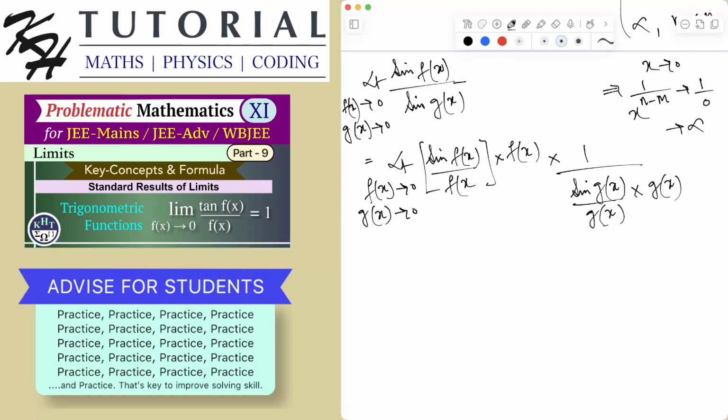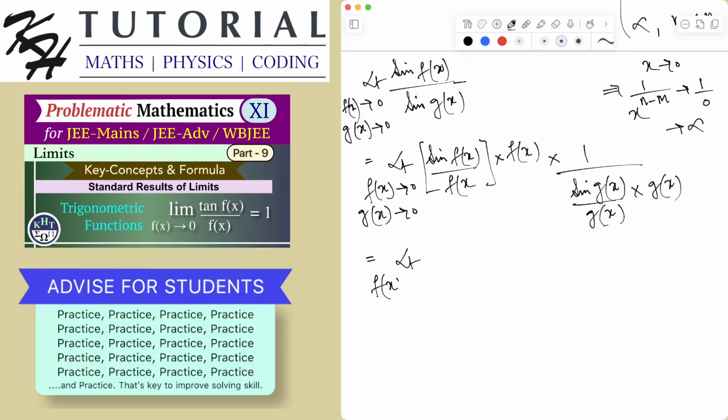Now when f(x) is tending to 0, then obviously the limiting value of sin f(x) by f(x) will be equal to 1. So this becomes limit, and also when g(x) tending to 0, then the limiting value of sin g(x) by g(x) will be equal to 1.